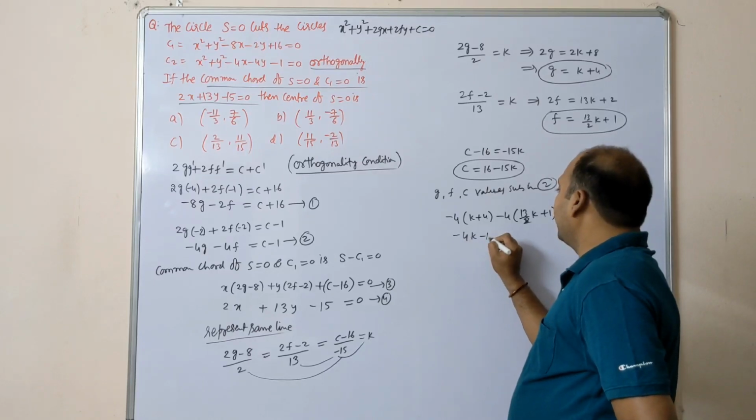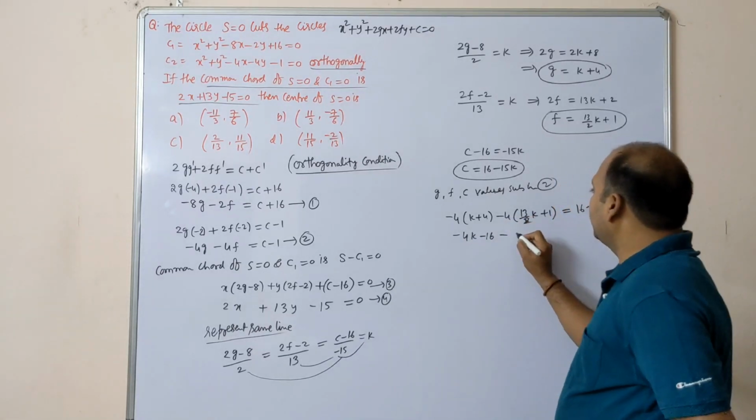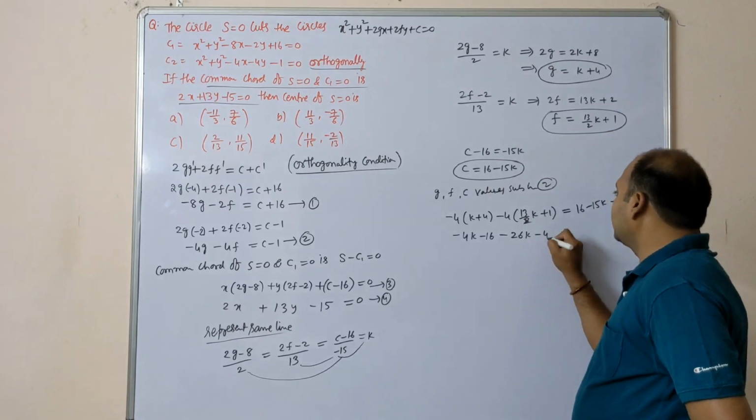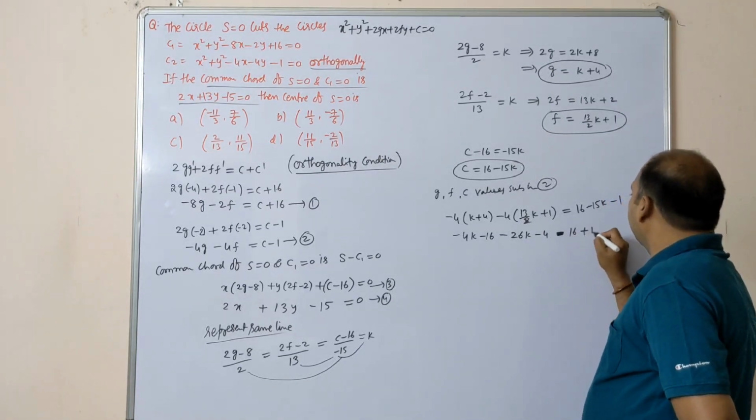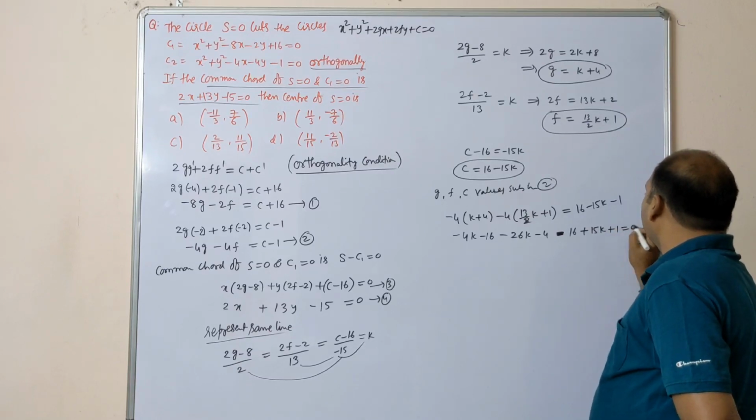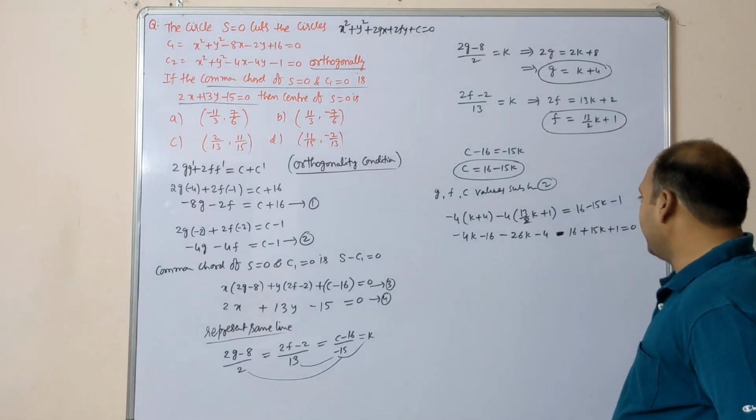Minus 4k minus 16, here the 2s cancel, so minus 26k minus 4 is equal to 16 minus 16 plus 15k plus 1 equal to 0. So now simplify this, students.